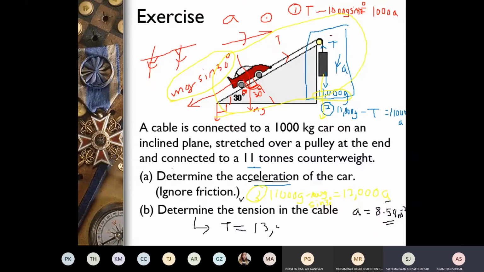So 13,500, we go for 3 SF. Okay, so I believe everyone got the same answer. If any of you got a different answer, we can check. Sorry, I think I mistakenly shut down the sharing. In the next class, maybe I can connect it back.